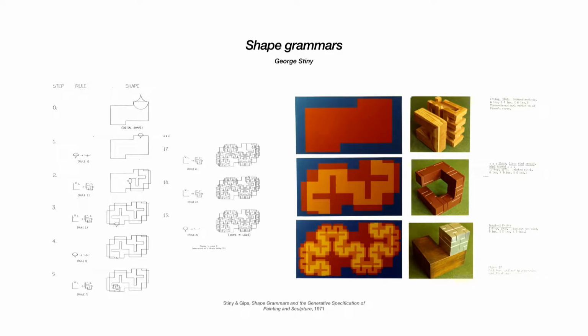And similar to Chomsky, his intention is to define the complexity of language by means of simple rules, but Stiny says, I'm going to do the same, not with language, but with painting and sculpture. So this is what his title says. The title was Shape Grammars and the Generative Specification of Painting and Sculpture. Yeah?